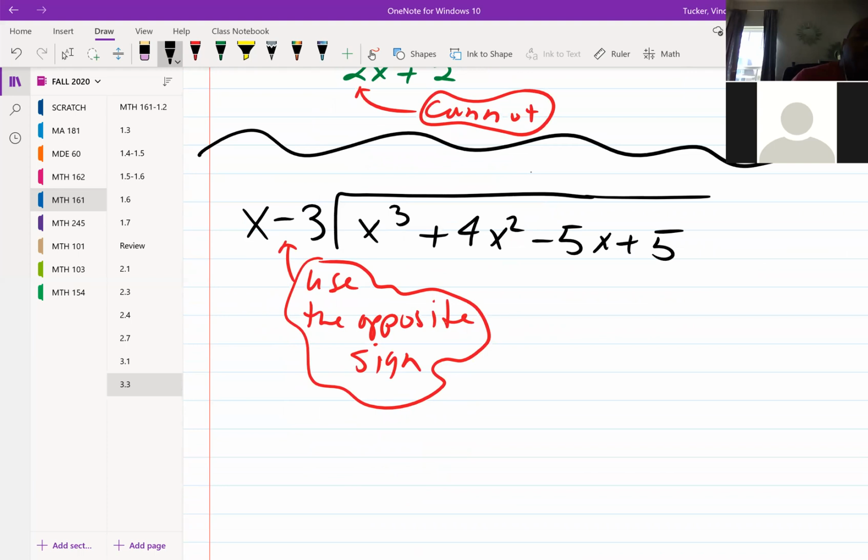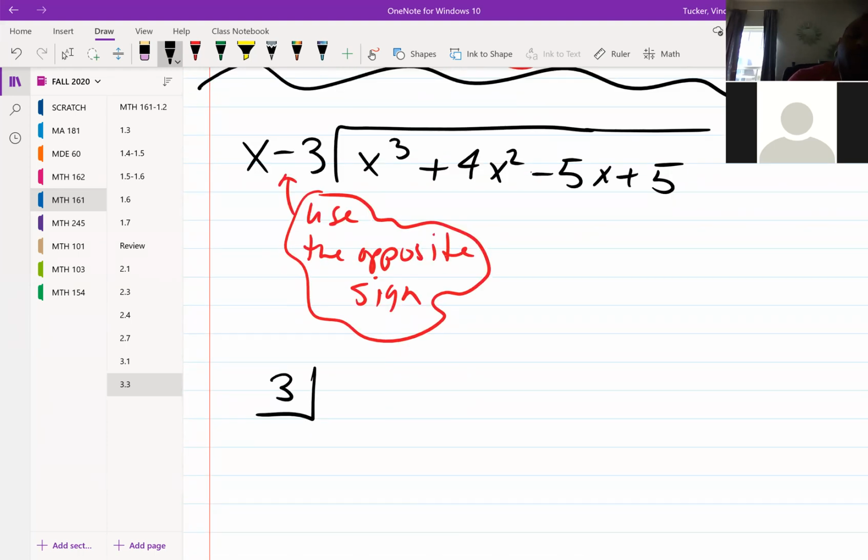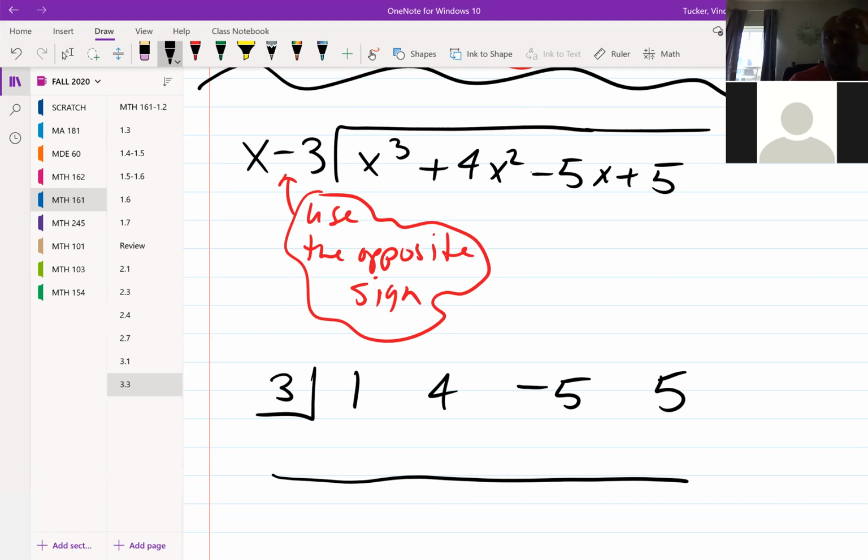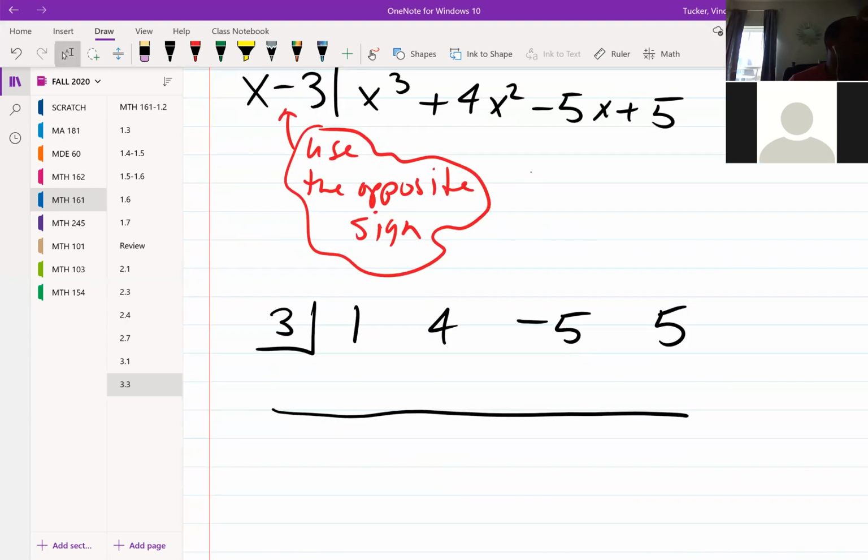So if I have x minus 3, then the first thing I'll do is use plus 3 right here. Then we'll write down all of the coefficients: 1, 4, -5, and 5. So that is your setup.